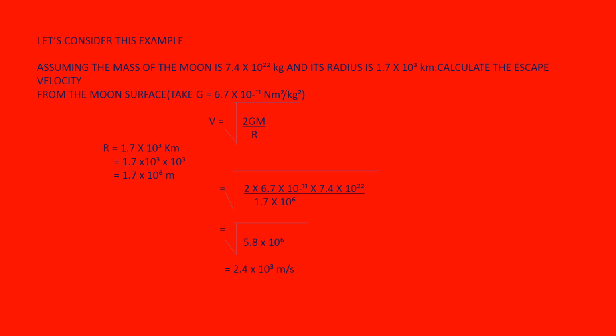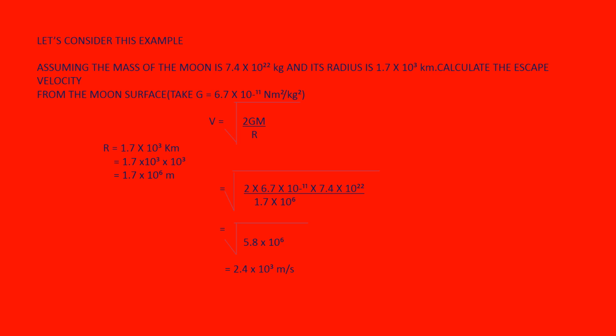So we can see that the value of radius given there is in kilometers. So it is mandatory for us to convert from kilometers to meters. And since 1 kilometer equals 1000 meters, we have our value there multiplied by 1000, and our final answer becomes 1.7 times 10 raised power 6 meters.